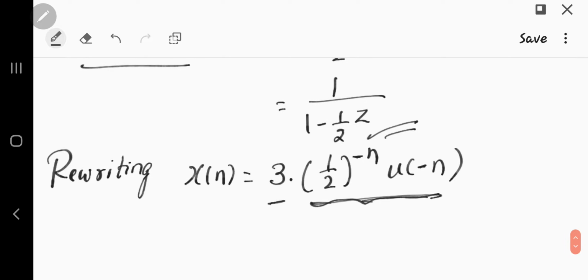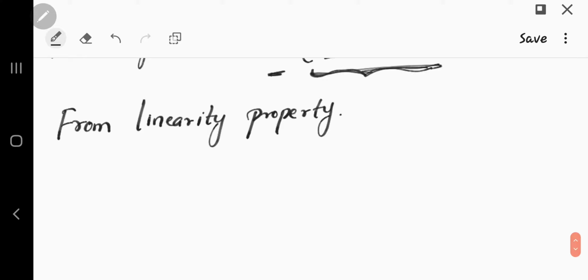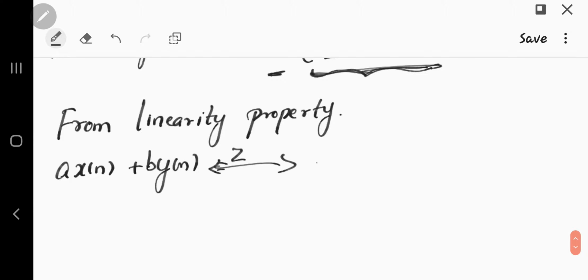If you observe this, 3 is a constant, and this entire term we can consider as a part of x of n, from the linearity property. It says a x of n plus b y of n, if you perform the z transform for that, you will get a x of z plus b y of z.